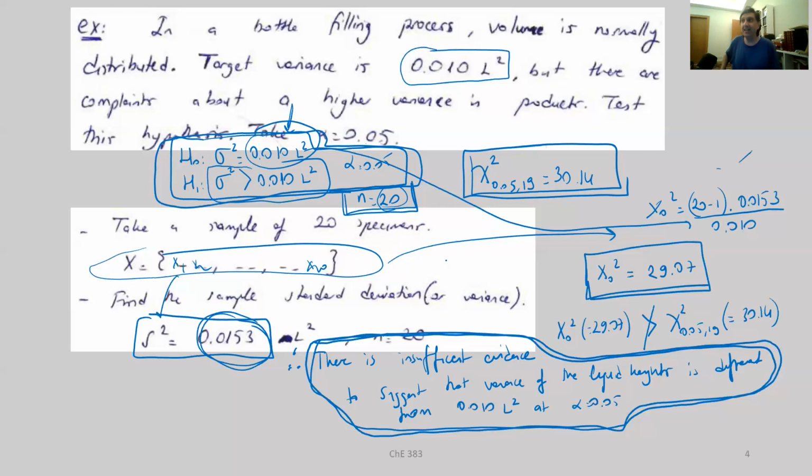I do not say that I prove that null hypothesis is true, but I say that there is insufficient evidence to suggest that the liquid height variance is different from 0.010 liters square at the given significance level of 0.05. Note that, contrary to the other questions that we have covered, this is going to be a weak conclusion.